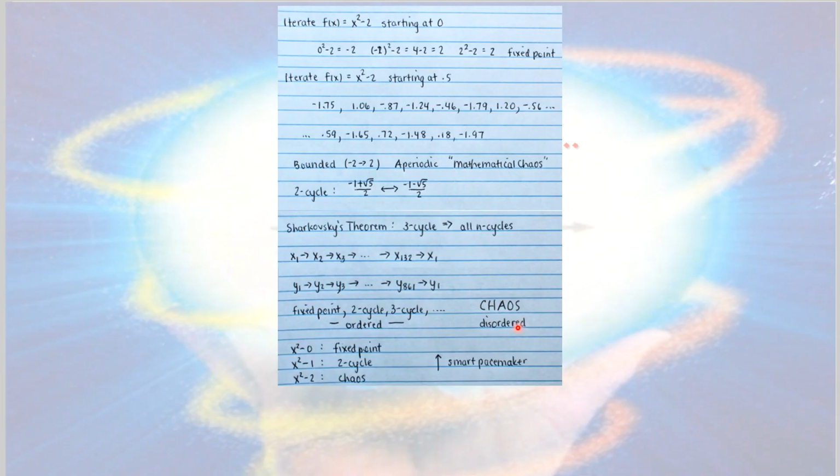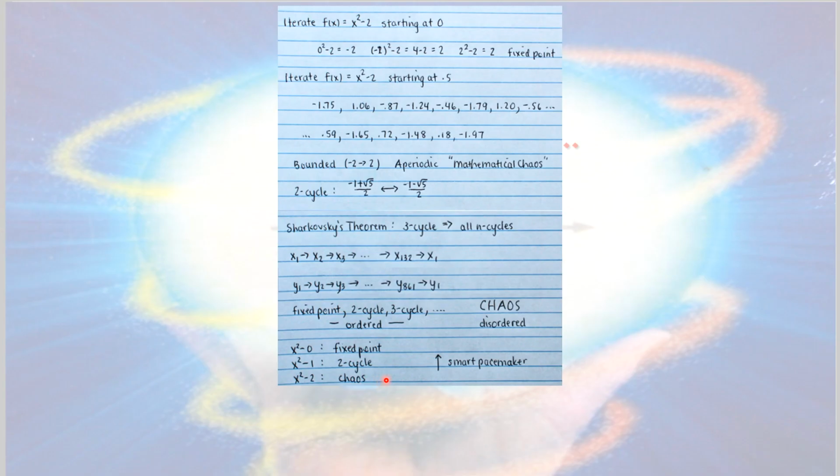We won't have time to get into it, but there is an amazing progression of behaviors as you move from x squared, remember that wants to converge to a fixed point, to x squared minus 1, wants to repeat a 2-cycle, to x squared minus 2 wants to do mathematical chaos. And with numbers in between, the 0, 1, and 2 that we're subtracting, you get a wide range of other behaviors.